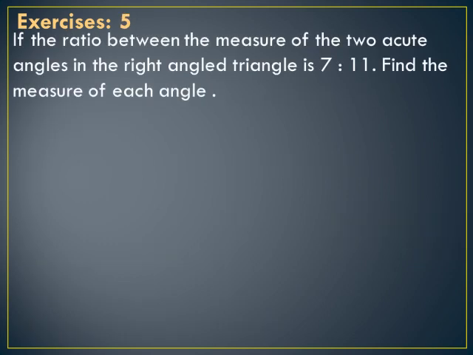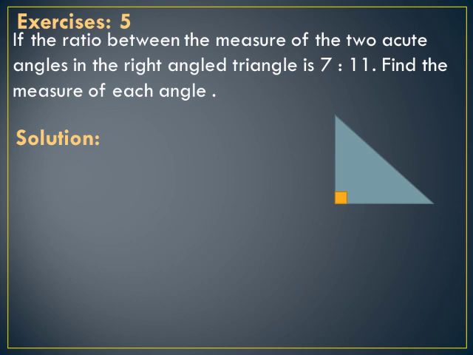If the ratio between the measures of the two acute angles in a right angled triangle is 7 to 11, find the measure of each angle. Again, primary, this is the right angle triangle.